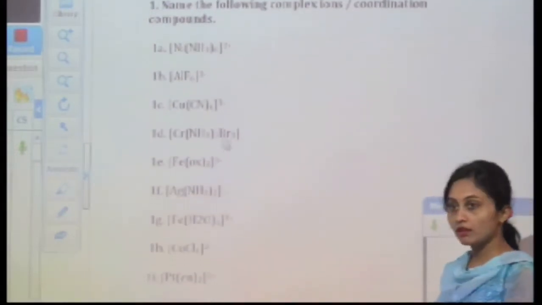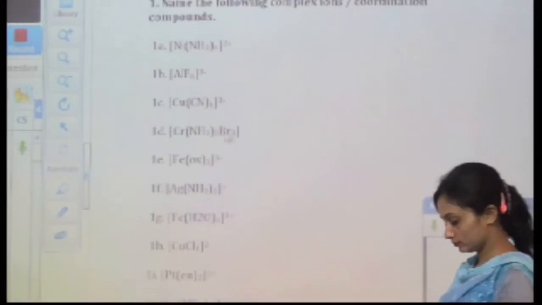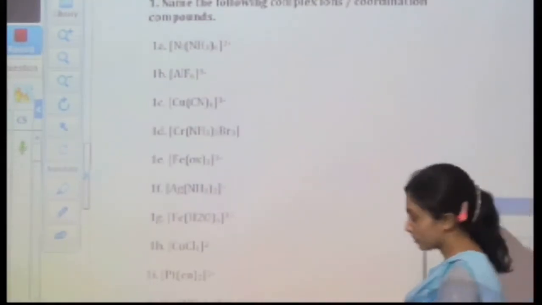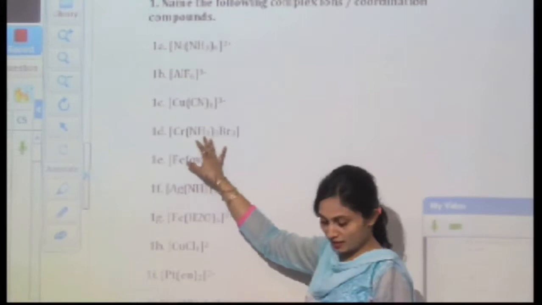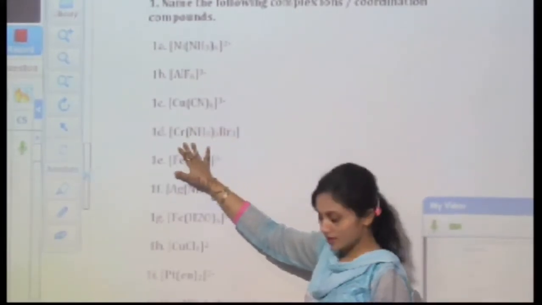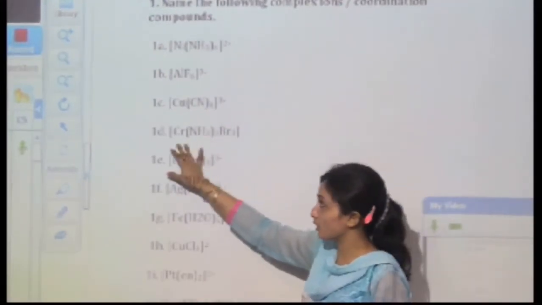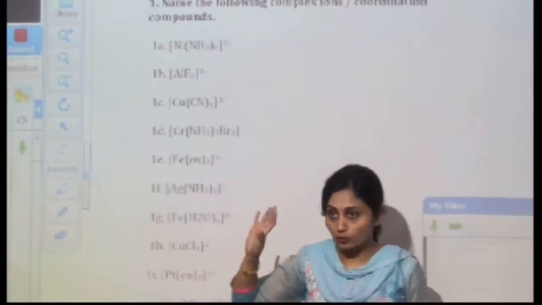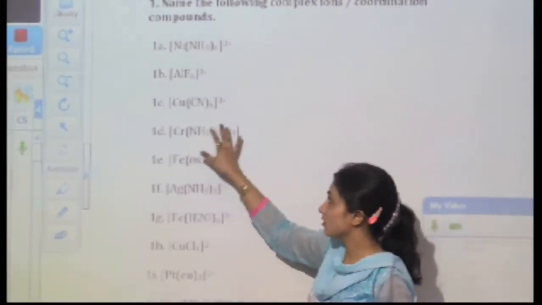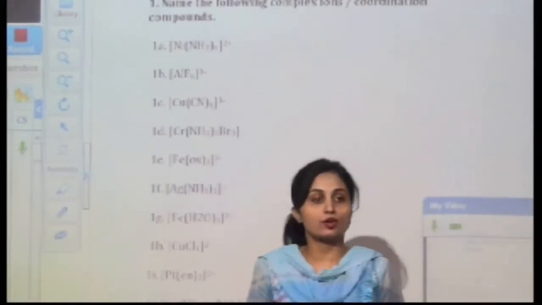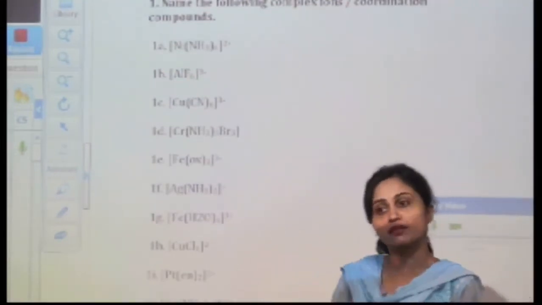I'll give you time. Allow me to say start. Stop. Start. Triamine, tribromido. There is no number on it, so chromium. Oxidation number. Will you add ion to it? No. So this is triamine, tribromido or bromo, because your book teaches bromido, chlorido, but if general on a bigger scale, if you check out, it may be given as bromo also.